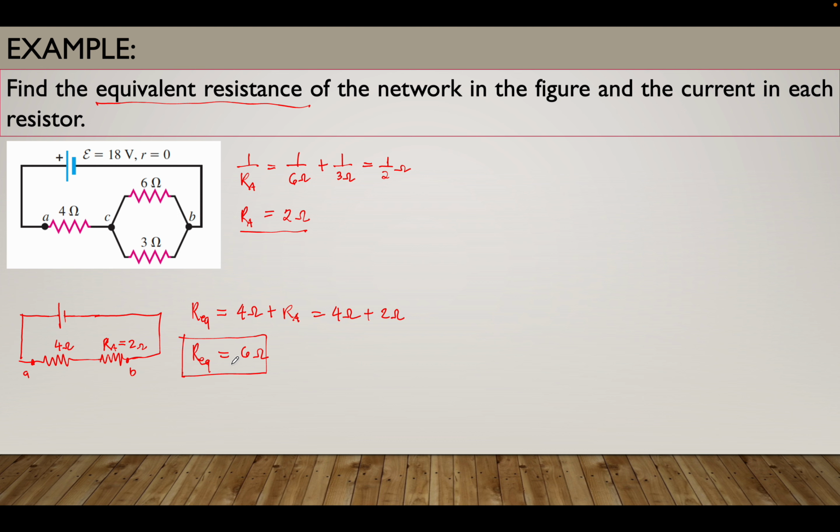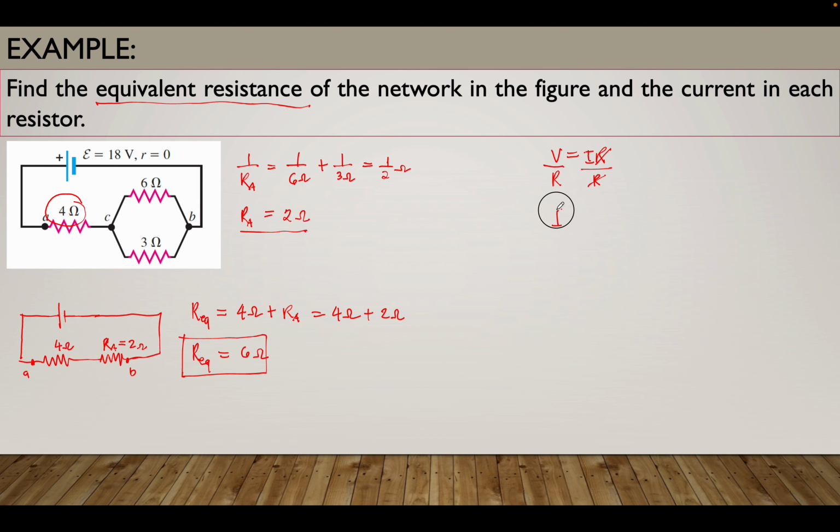So, this is now our total or our equivalent resistance for this one. Okay, so now how about for the current in each resistor? Okay, so let's have the current for this resistor, the 4 ohms. So, from Ohm's law, which is V is equal to I times R, to solve for the current, we need to divide both sides by R so that it cancels out.